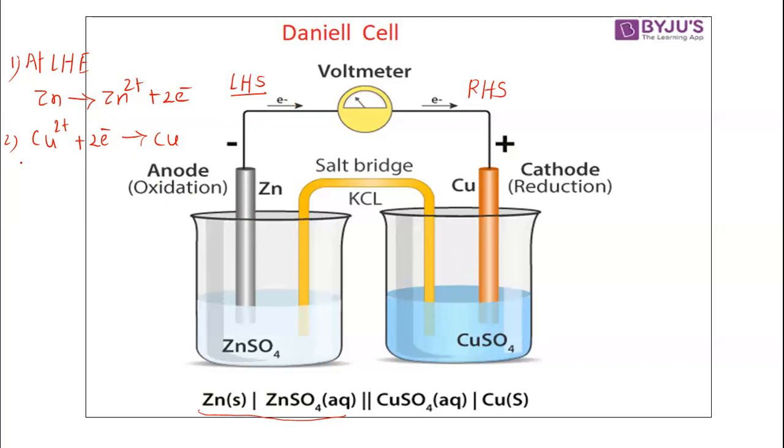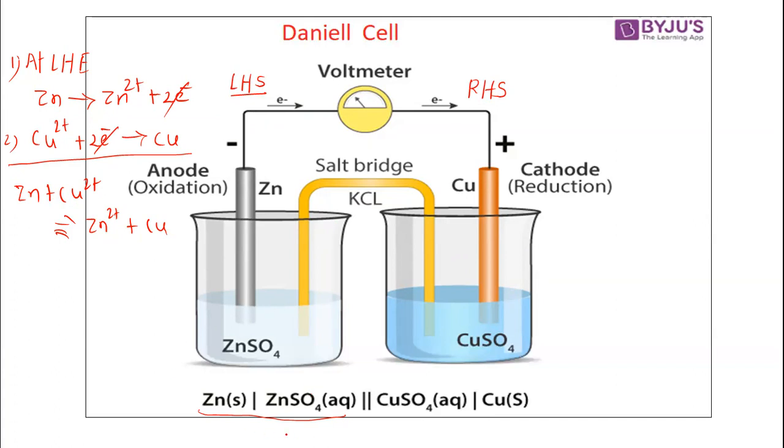The net reaction is the addition of these two. Zinc metal reacts with copper dipositive ion. The electrons cancel on both sides, and it gives zinc dipositive ion and copper metal. This is the net reaction that takes place in the Daniell cell.